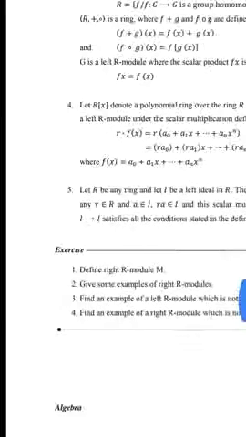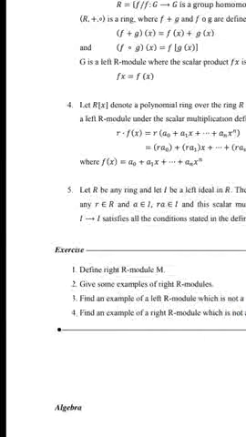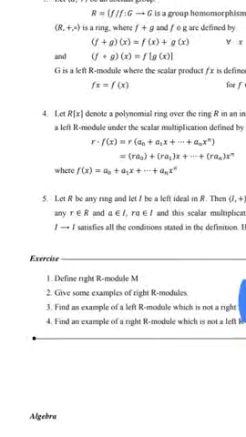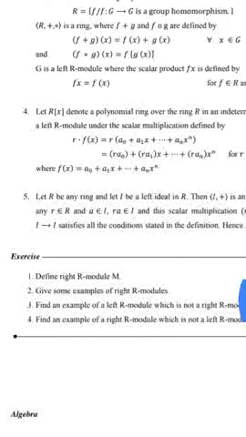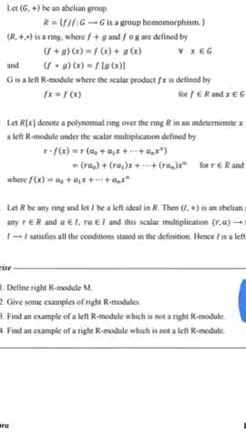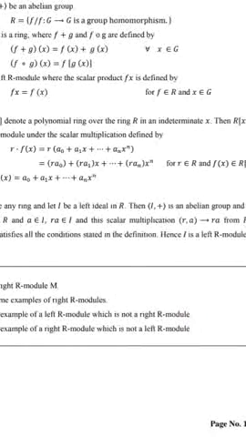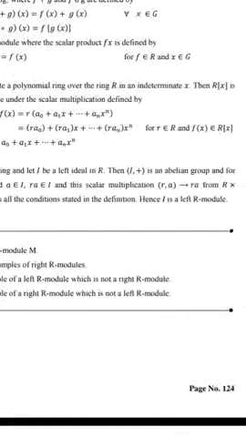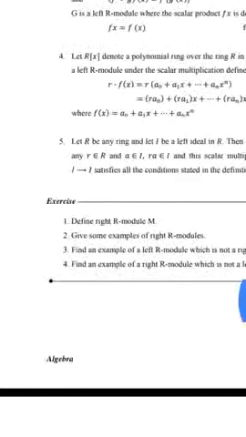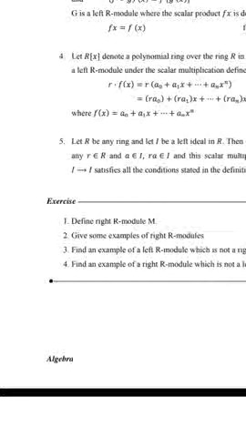Then R[x] is a left R module under the scalar multiplication defined by r·f(x) = r(a0 + a1x + ... + anx^n) = ra0 + ra1x + ... + ranx^n, for r belongs to R and f(x) belongs to R[x], where f(x) = a0 + a1x + ... + anx^n.